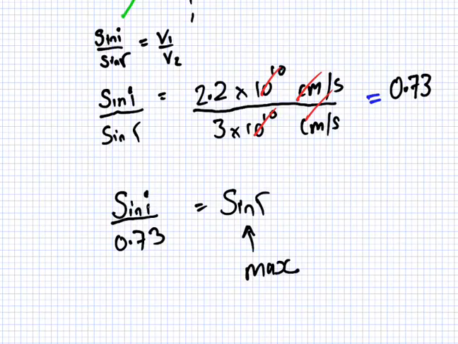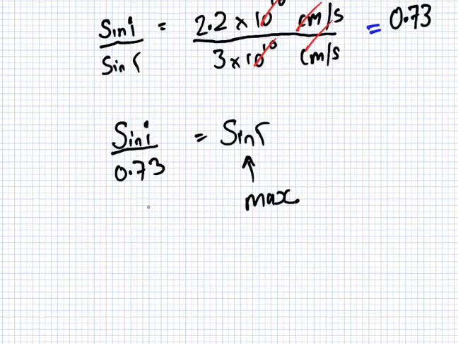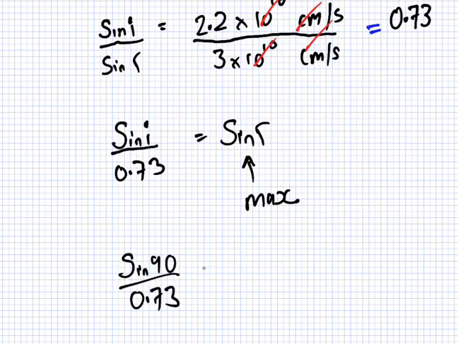So what's the biggest I can make I? 90. So sine 90 over 0.73, what's that? 1.369. It should be less than 1. What's gone wrong?